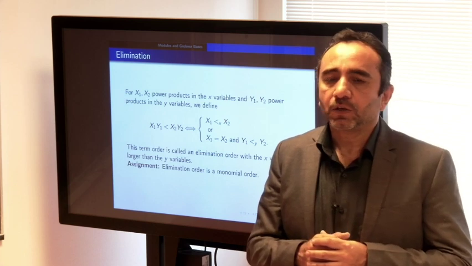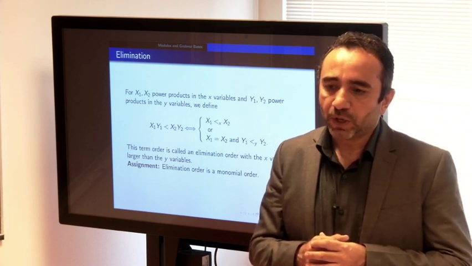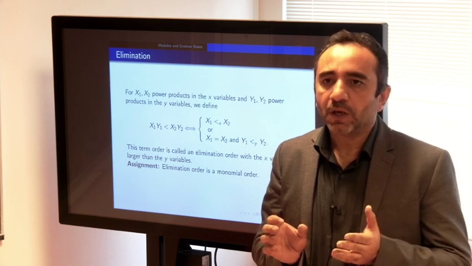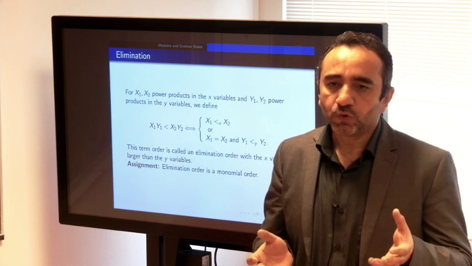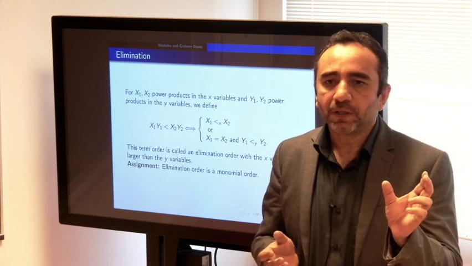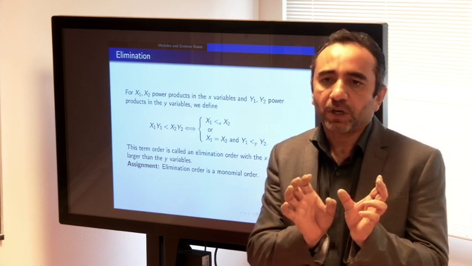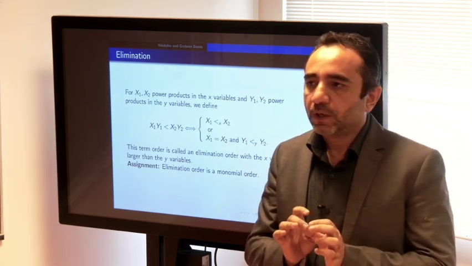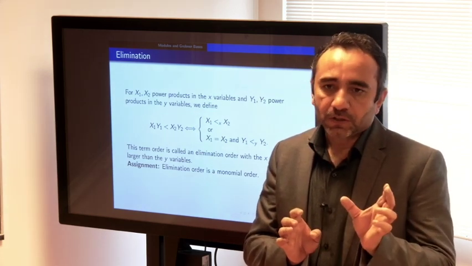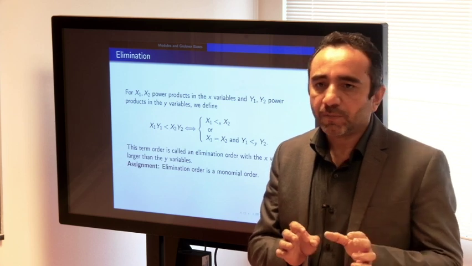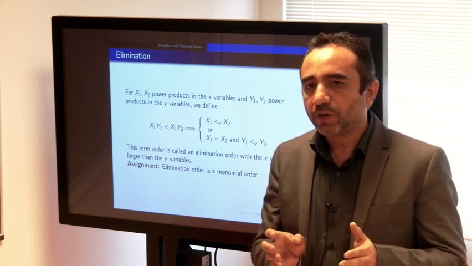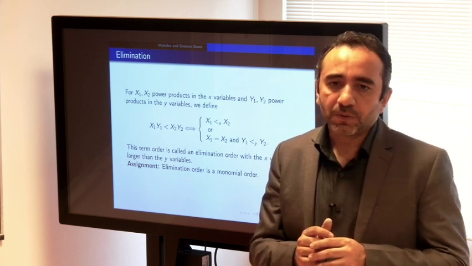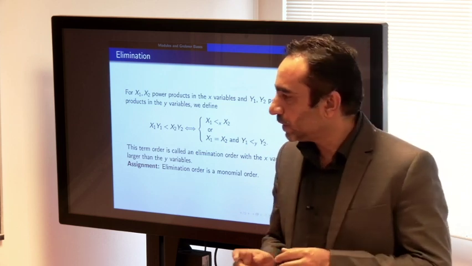Then each monomial has 2 parts: you separate the x variables and the y variables, for one monomial and for the second monomial as well. Then we say that the product of x variables and y variables is less than the other if and only if, first we check with the x variables and then we check with the y variables. So let's do it on the board.